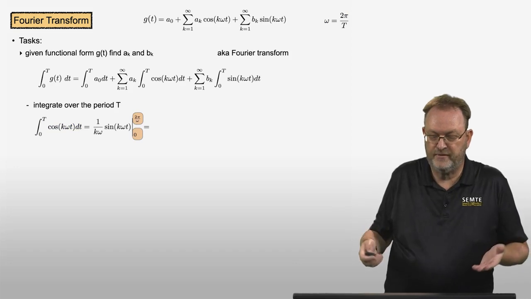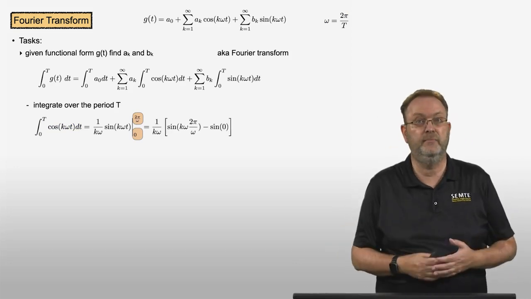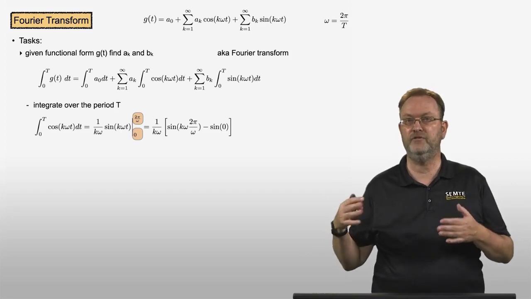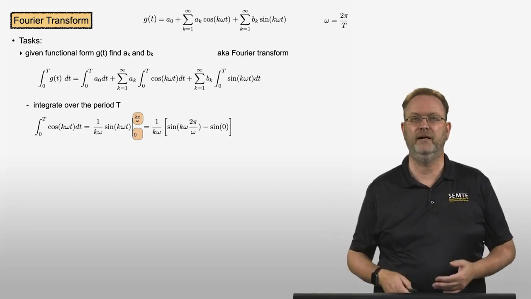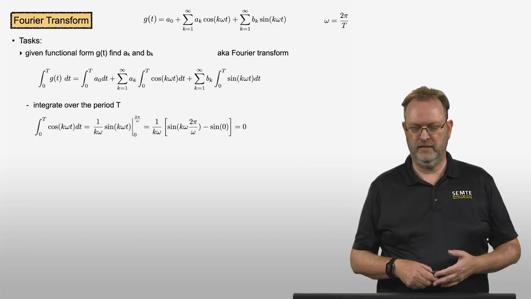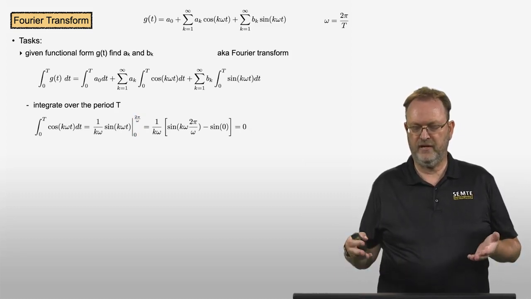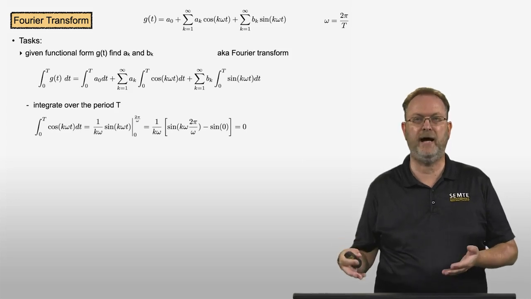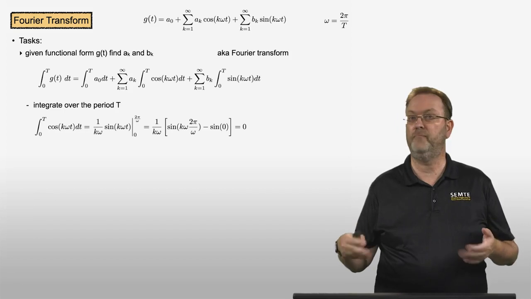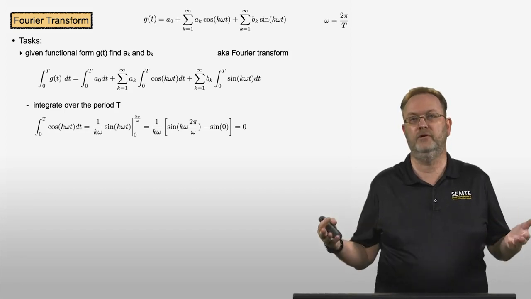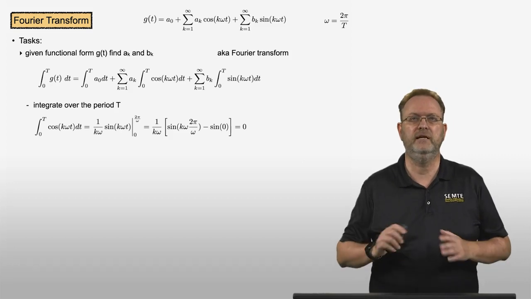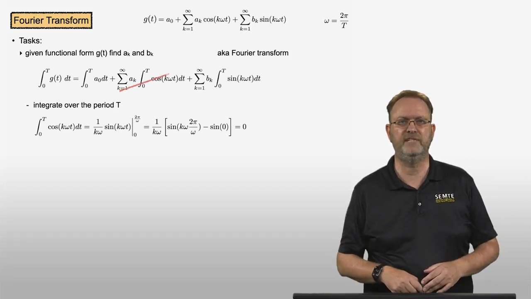So those are my integration bounds. Let me substitute them in. So I get 1 over k omega times the sine of k omega times the upper bound, so 2 pi over omega, minus the sine of 0. Well, the sine of k times 2 pi, where k is a positive integer number, is always the sine of a multiple of 2 pi, which is always 0, and the sine of 0 is 0 as well. So this integral is 0. It drops out.